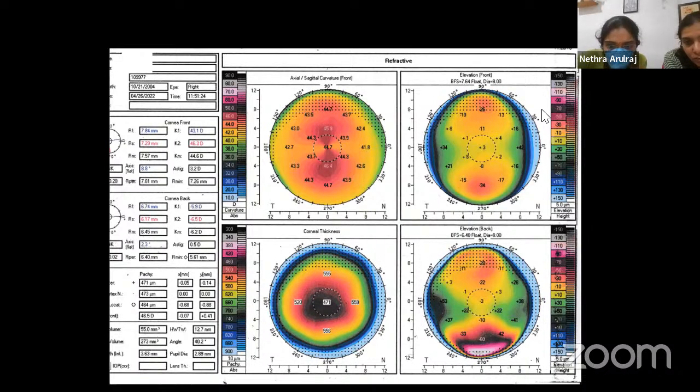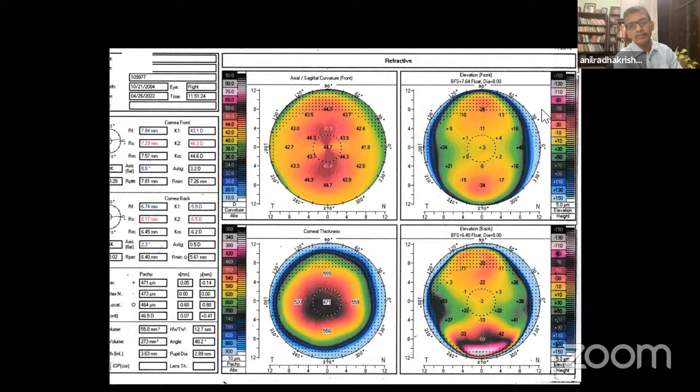And back elevation is coming to be +22 outside the 3 mm pupillary area. So is it normal for an astigmat? Yes, sir. So this is a saddle pattern that you see. Yes. It's normal for an astigmat.